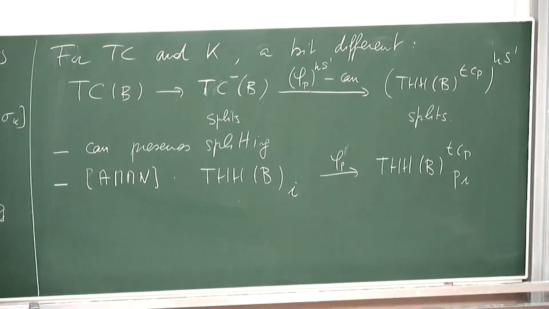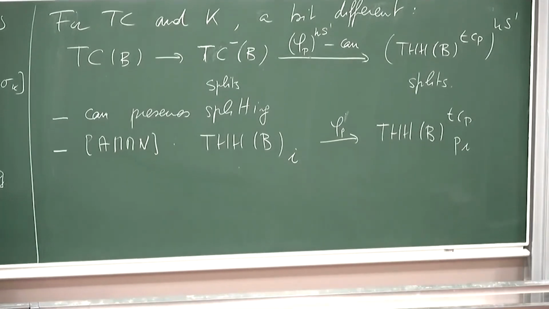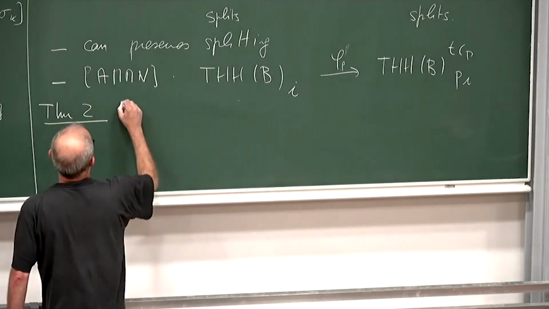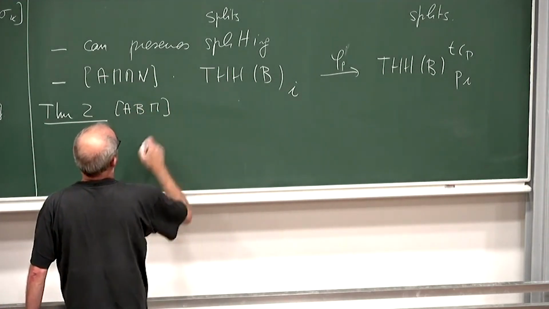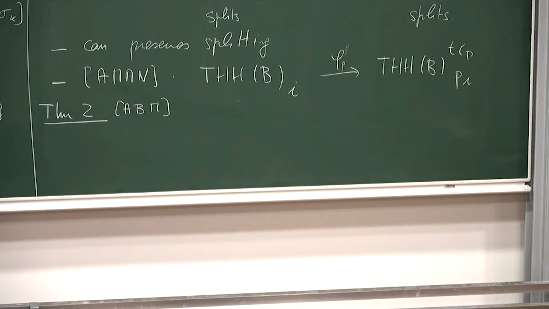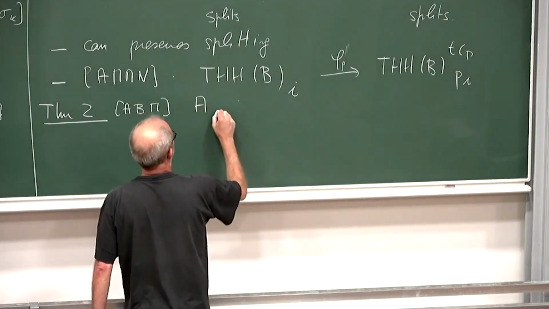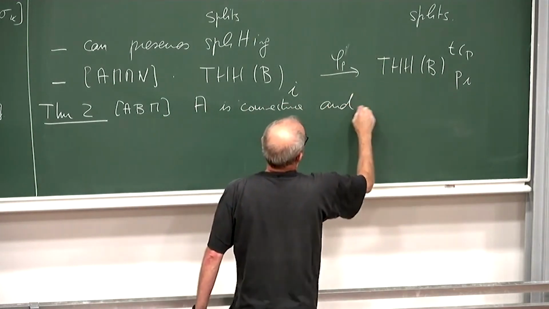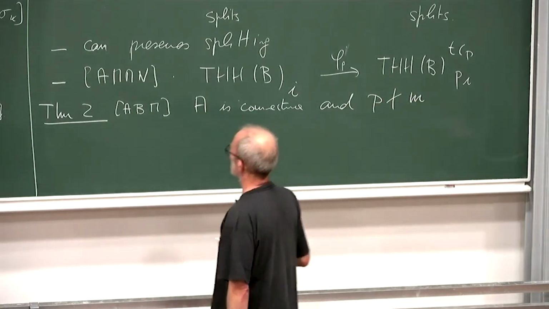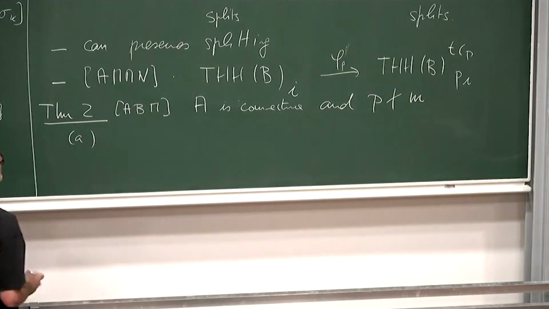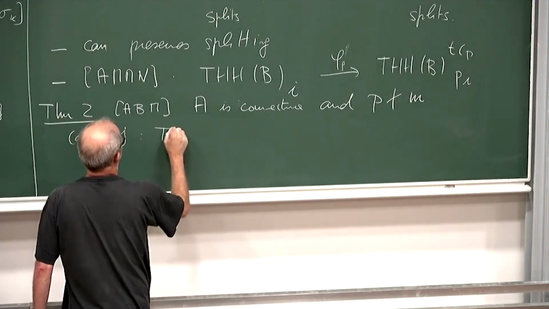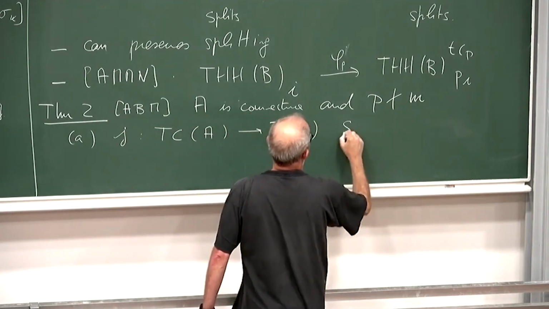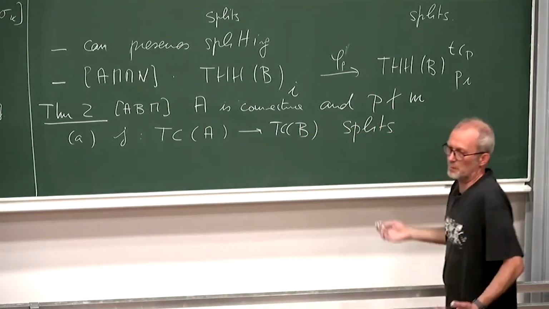So the second theorem that we have here: now R is connective, and P is again prime to M. Then again this J map split as a spectrum map, okay?